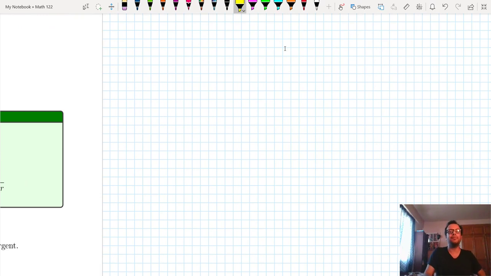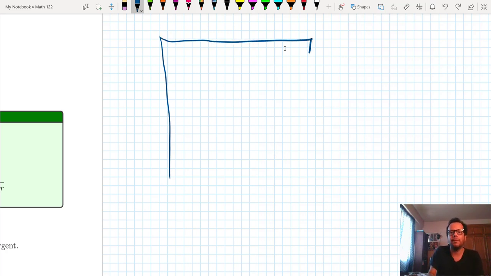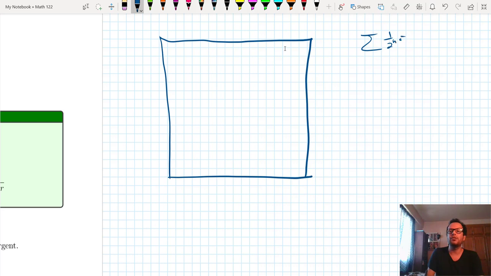Okay, for example, suppose we have a square here. Suppose we want to visualize the sum of 1 over 2 to the n, which is 1/2 to the n power.